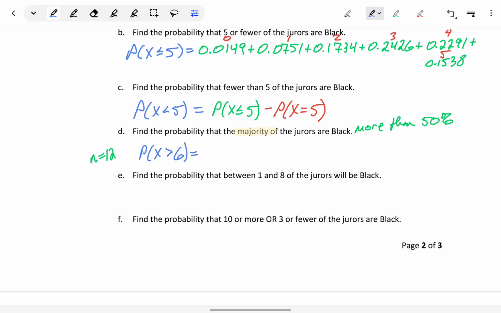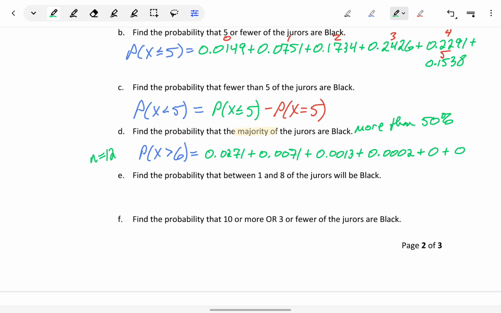So we would start with the probability that X is equal to 7, which would be 0.0271, and keep going from there for all values higher than that. 0.0071 plus 0.0013 plus 0.0002, and then our last two values look like zeros but really aren't technically.